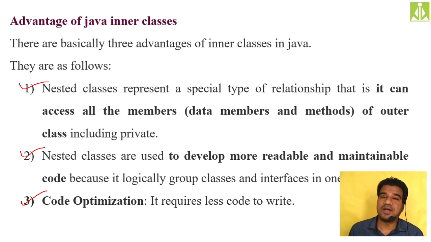You can easily do code optimization by removing the unwanted or unnecessary code, the code which is less required. So these three are the primary advantages of nested classes or inner classes.